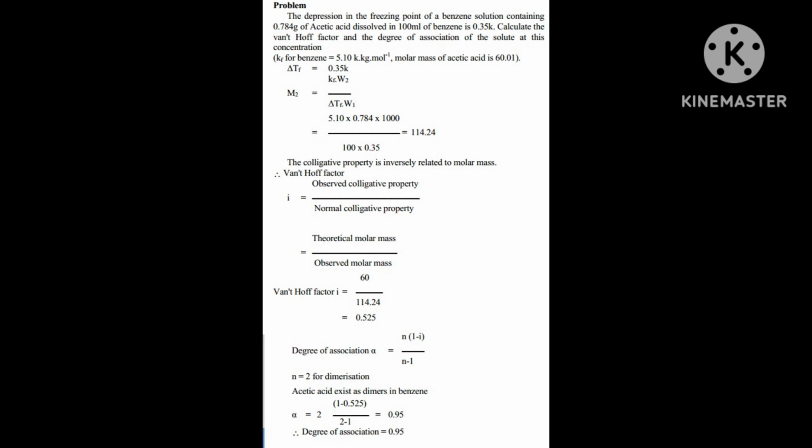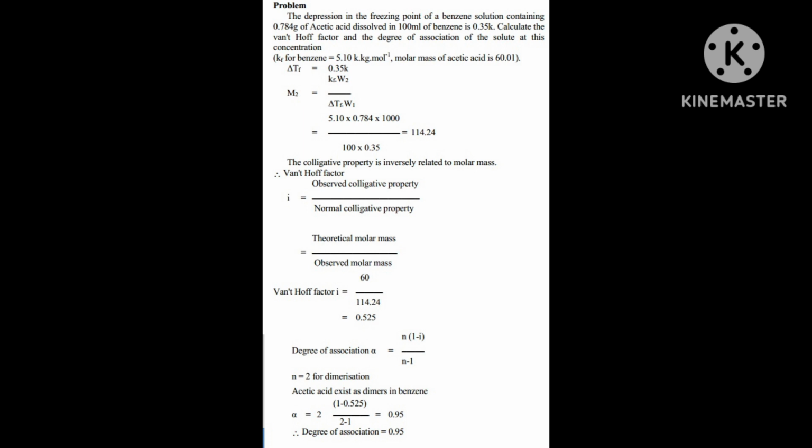And if you want to calculate number of moles, then molar mass of acetic acid you can calculate very easily. CH3COOH: C is equal to 12, CH3, 3 into 12 plus again 1 carbon is there, then plus 12, again plus 2 oxygen, 2 into 16, and in the end H is there, then plus 1.